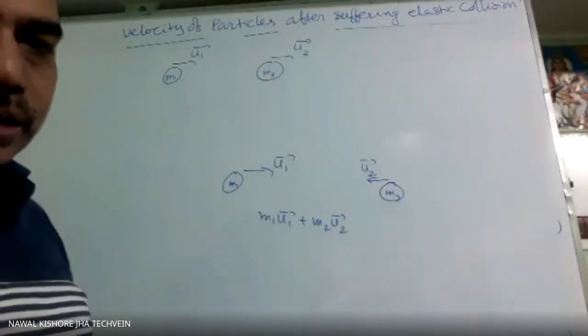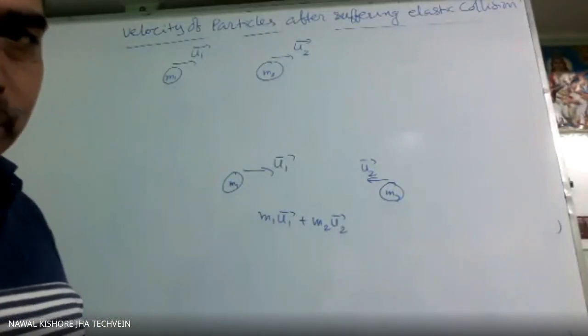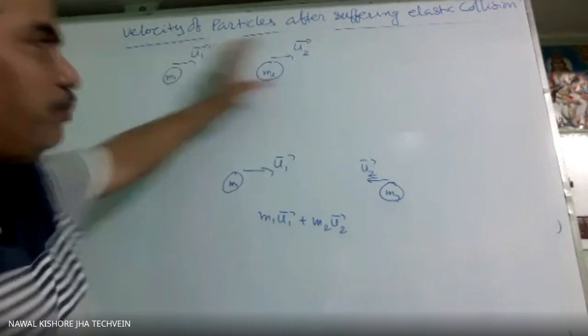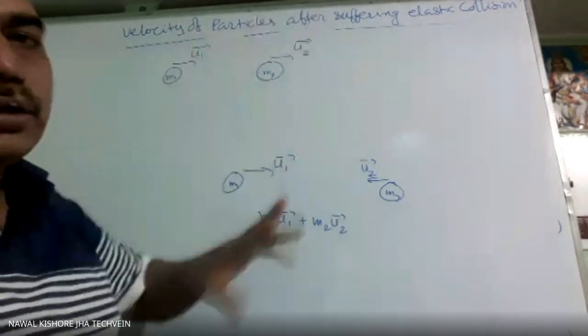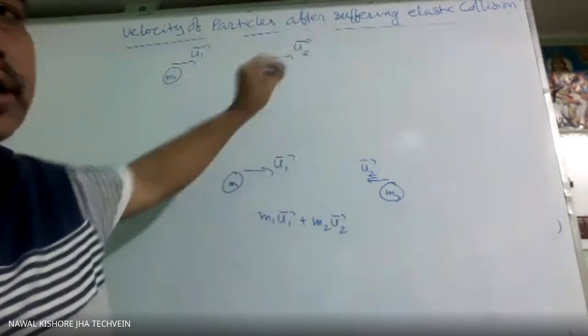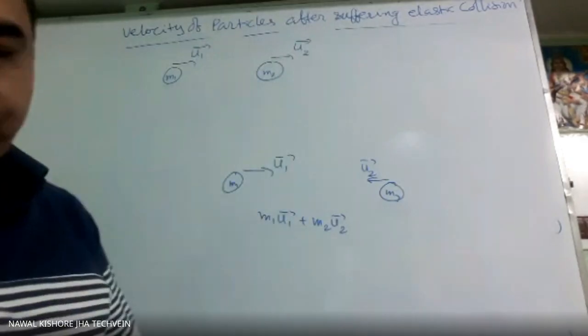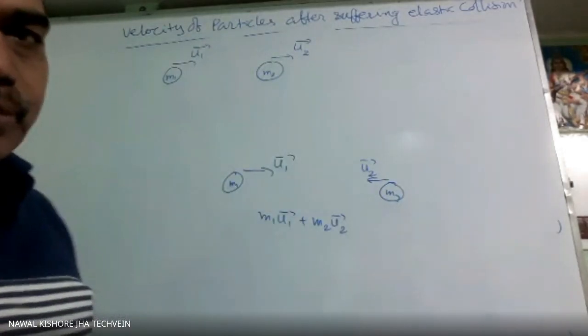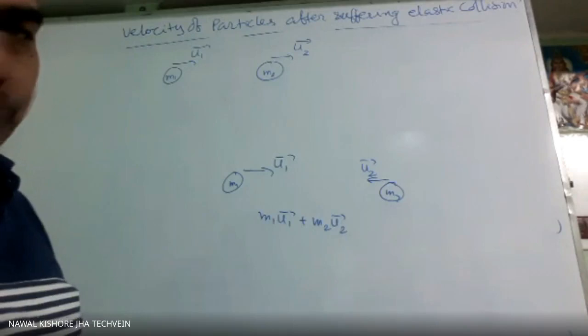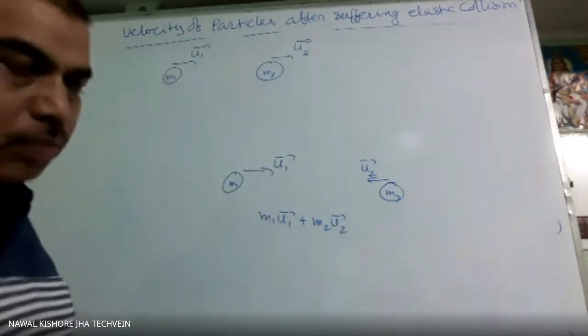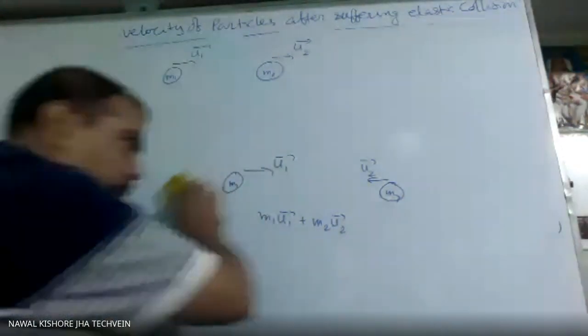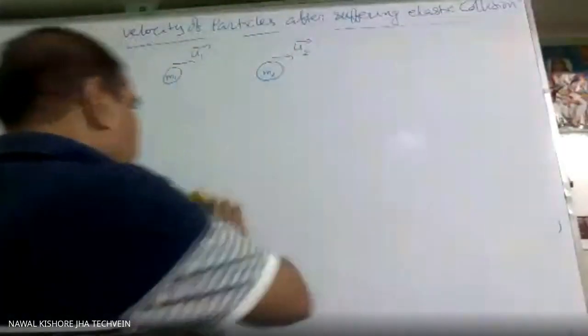So always keep in mind, whatever we derive, we have to apply the concept of vectors. We will not simply add or subtract the magnitudes; if addition or subtraction comes, you have to consider direction also.